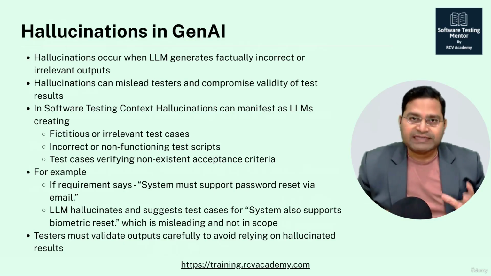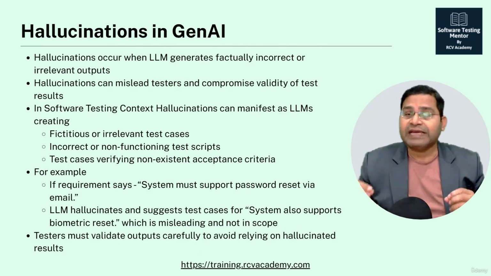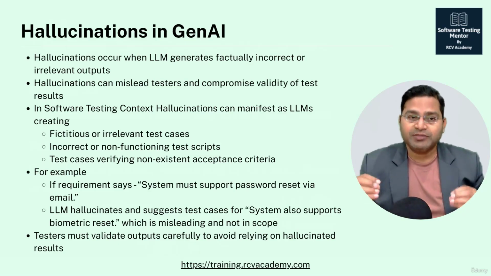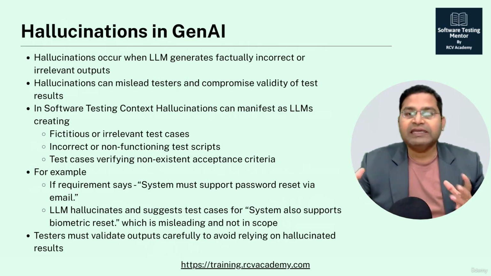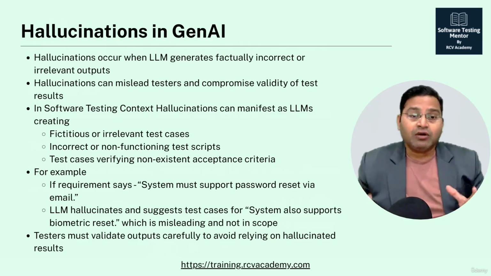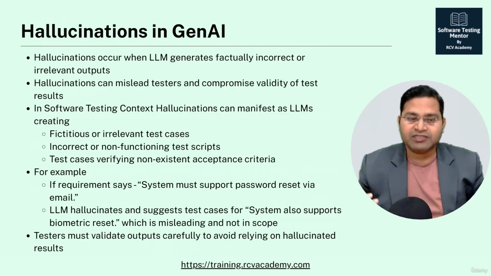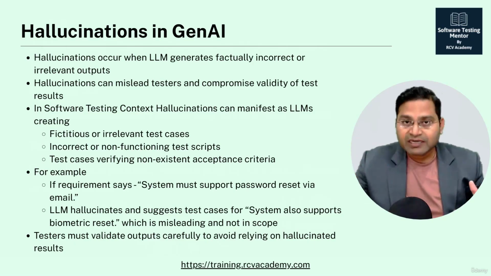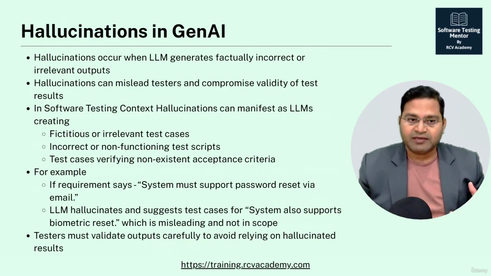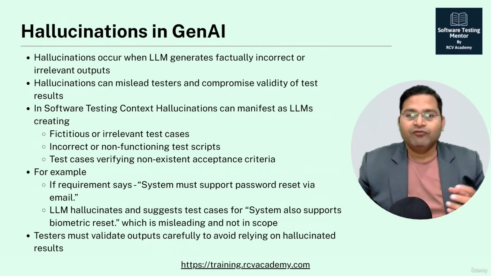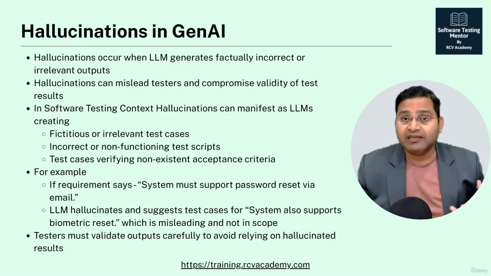So in the software testing context, hallucinations can manifest as LLMs creating fictitious or irrelevant test cases, and incorrect or non-functioning test scripts. In terms of automation, if you are relying on it, it might generate incorrect or non-functioning test scripts. It can create test cases verifying non-existent acceptance criteria.